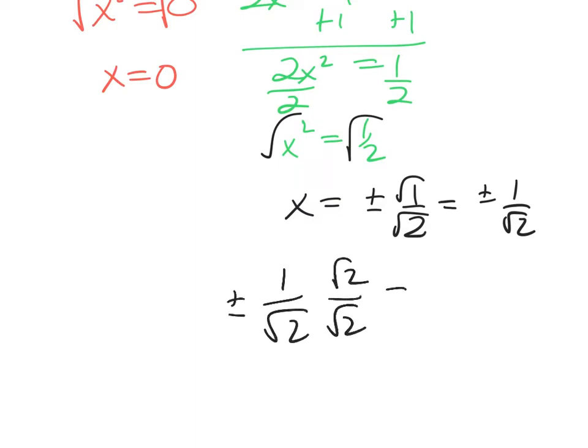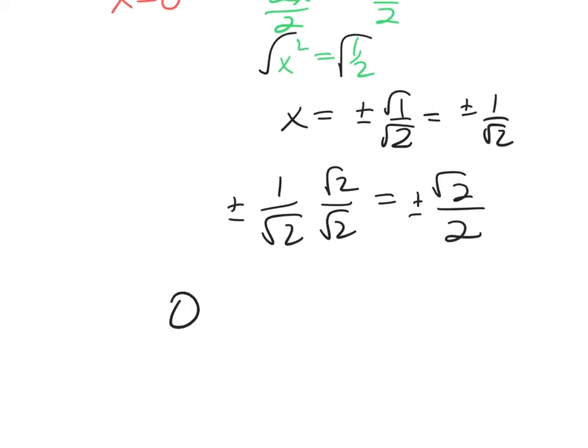Multiply top and bottom by root 2. And I get plus and minus square root of 2 over 2. So my two solutions here are 0 and plus and minus square root 2 over 2. I don't need to check this. It's a polynomial. Let's go ahead and try another one. Everybody good on this one? I believe this was on your quiz, that question I just did.